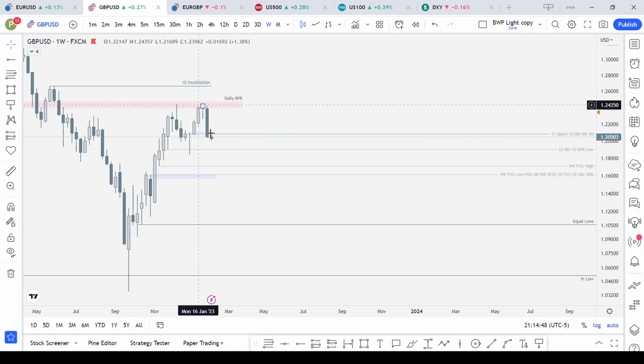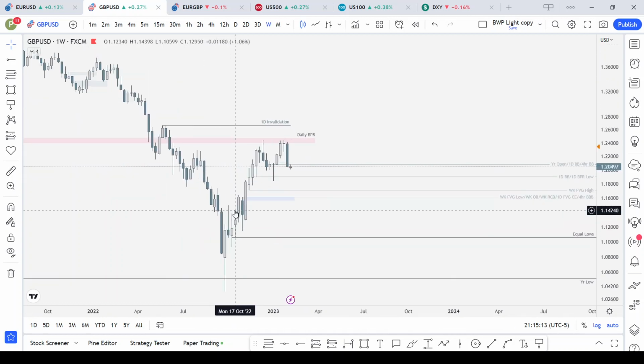None of the fair value gaps held. We still have this other block, and it has also closed below the mean threshold of the other block. The last PDRA here is the rejection block, which might lend a little bit of support into this level before it tumbles back down.